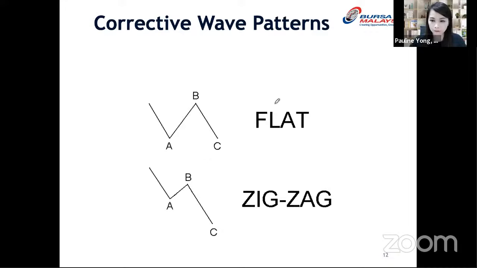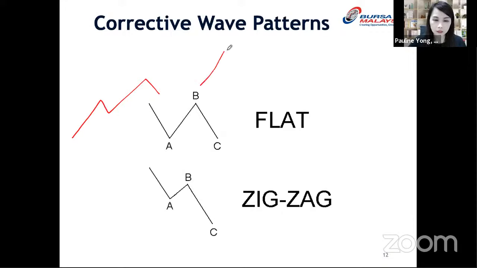Corrective wave. Looking at a very, very distinct corrective wave, you can't go wrong. It's not confusing. It is very, very distinct. So this is the correction, and in this case it is going down.